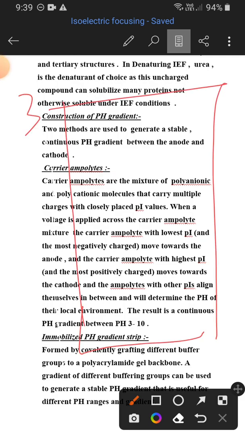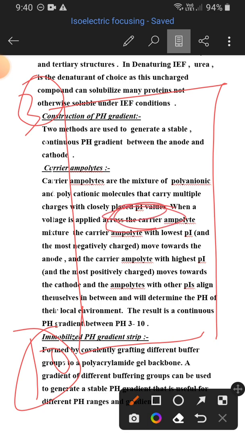Okay, and this pH gradient will go from pH 3 to pH 10 in most cases. As we have discussed, the pi value of proteins generally lies between 3 to 12 and more specifically 4 to 7. So if we load our sample in between the carrier ampholyte mediated pH gradient, we can easily separate them on the basis of their pi, right? So that is the idea.